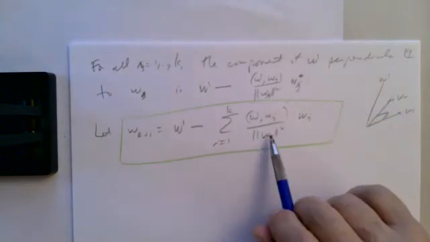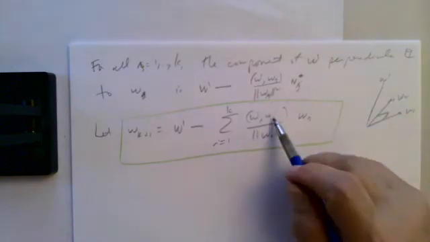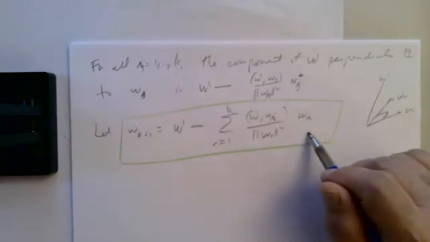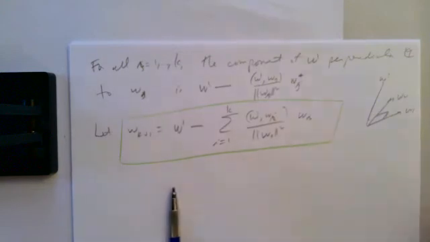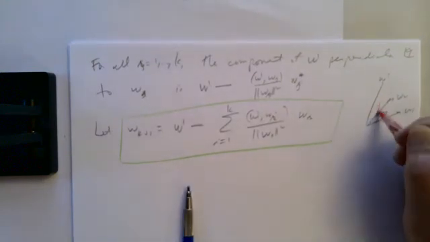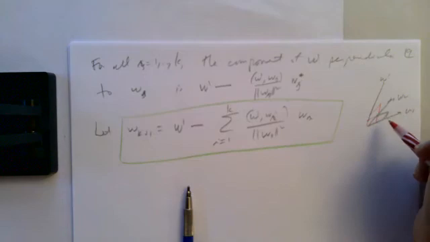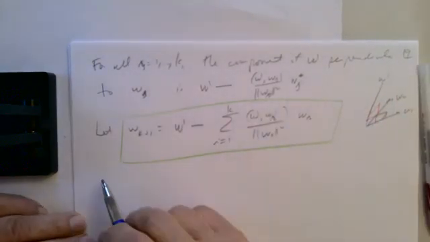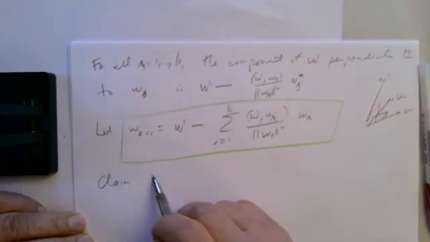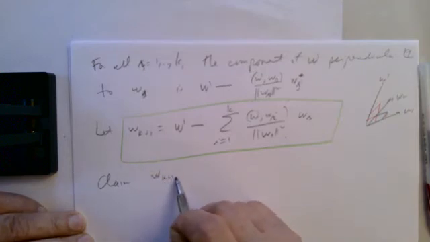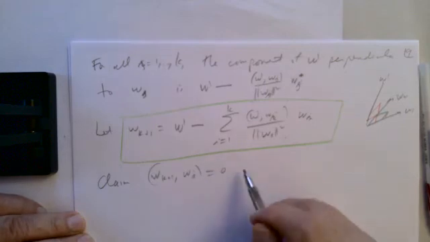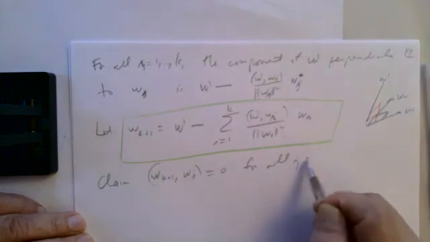So we know W prime minus this for i equal to 1 is perpendicular to W1, and this for i equal to 2 is perpendicular to W2. Let's see what happens. So I claim that WK plus 1 is perpendicular to Wj for all j from 1 up to k.